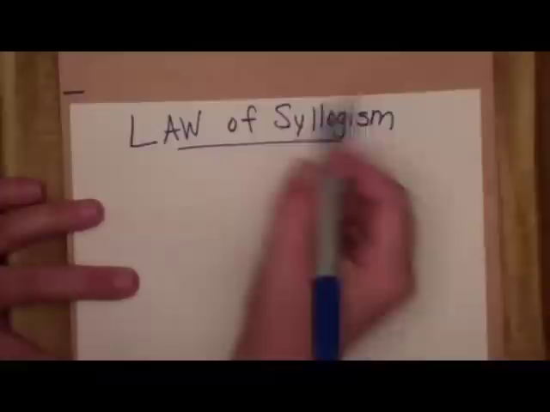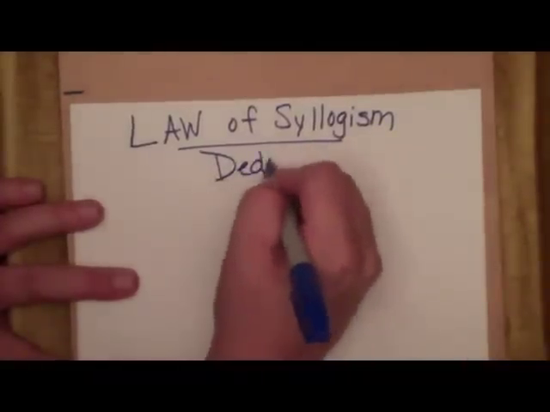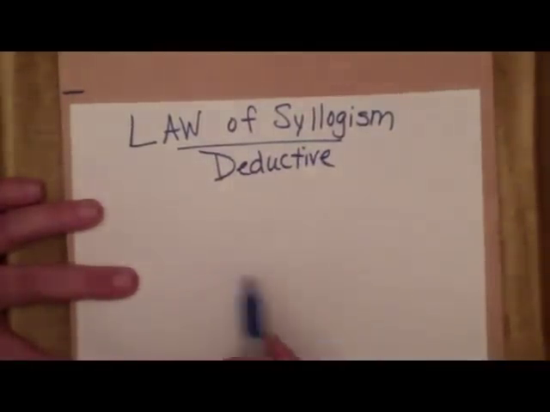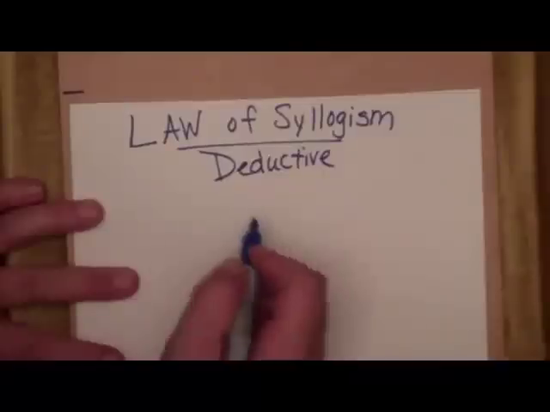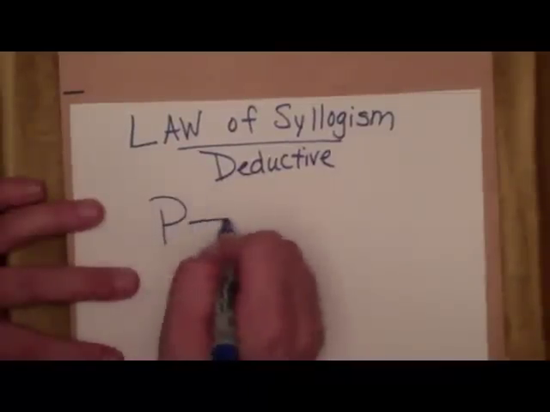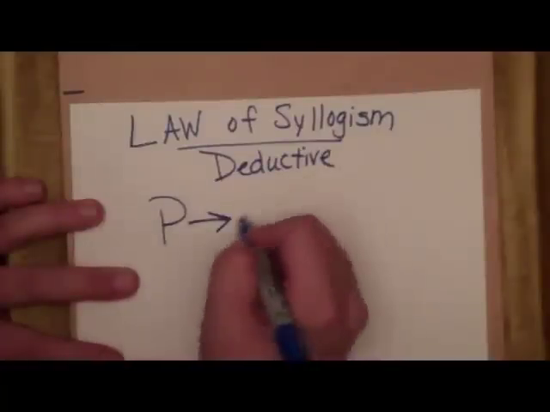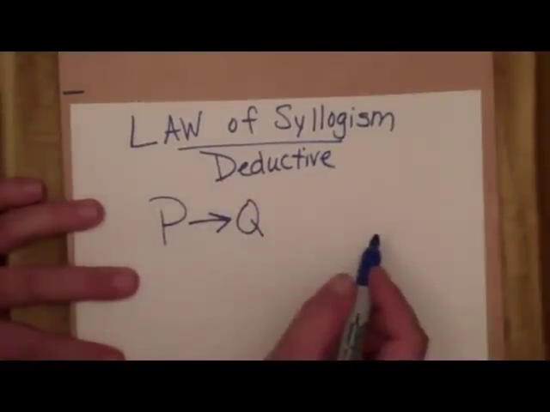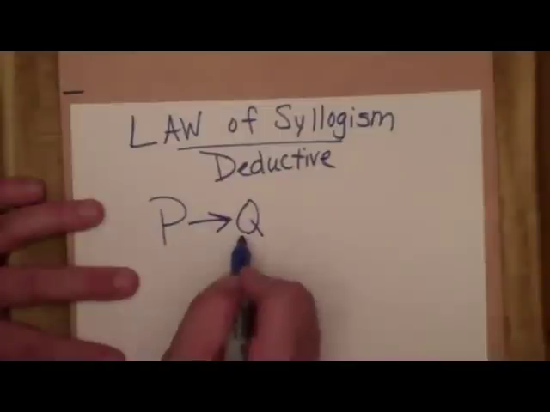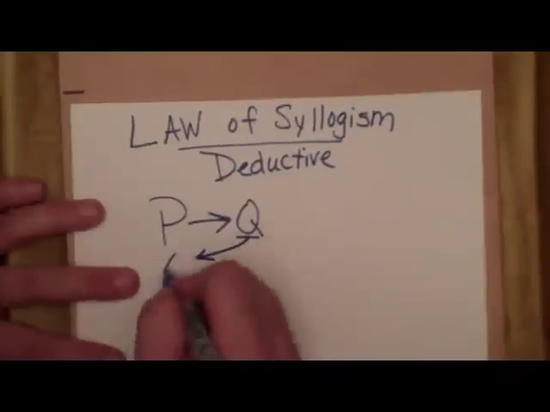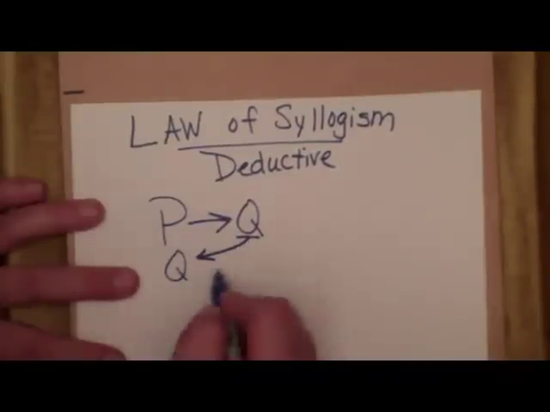The law of syllogism is another form of deductive reasoning. Remember, deductive reasoning is based on fact. The law of syllogism basically states that if you have a conditional statement where if P is true, then Q is true, and then you have a second conditional statement that uses this conclusion as the hypothesis, we call it Q again.